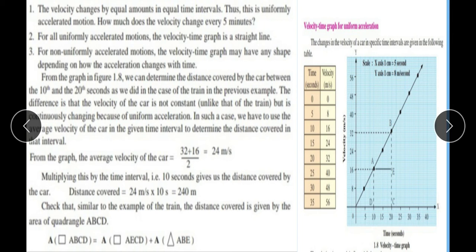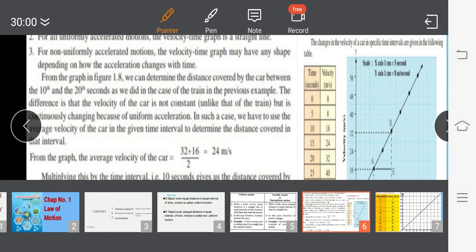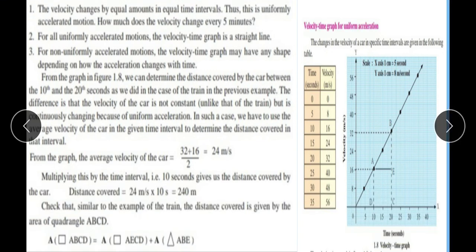Now the distance covered by the car or object means the area of ABCD. Observe the graph: A, B, C, D. This is not a rectangle, this is a trapezium.